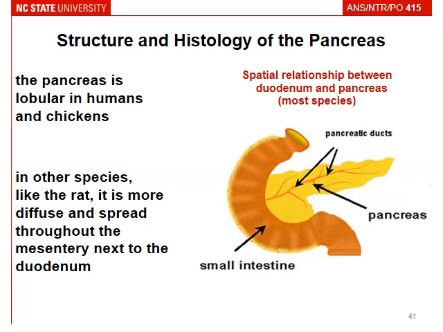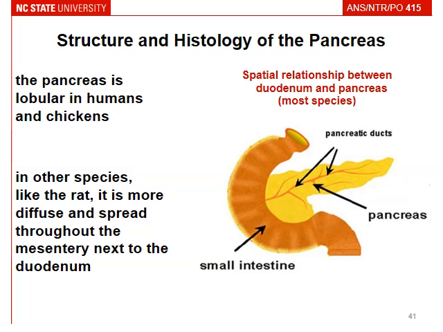So in both the human and the chicken, the pancreas is very easy to find. It's lobular. It's found at the beginning of the duodenum. In the chicken, there's a loop of the intestine called the duodenal loop, and the pancreas is the organ that lies in the middle of that.